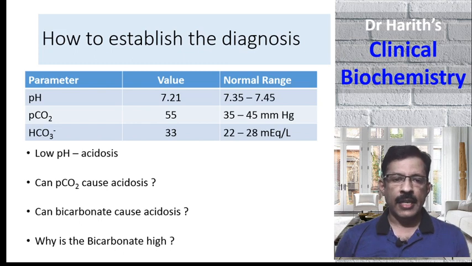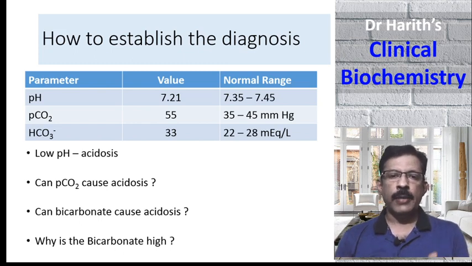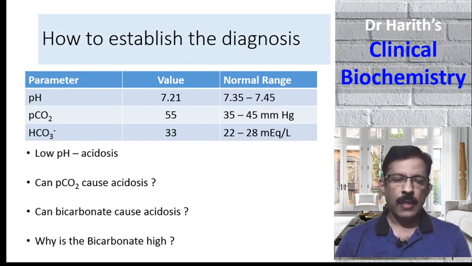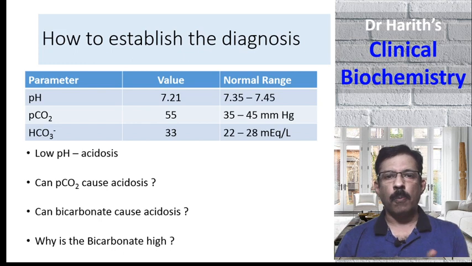So this indicates that there was an element of renal compensation. So we have a case where there's acidosis and the PCO2 is high, indicating that this is a respiratory acidosis. The bicarbonate levels are high, indicating that this is a respiratory acidosis with evidence of metabolic compensation.